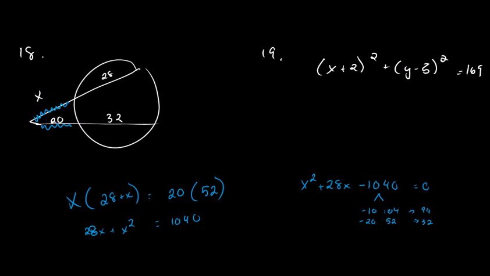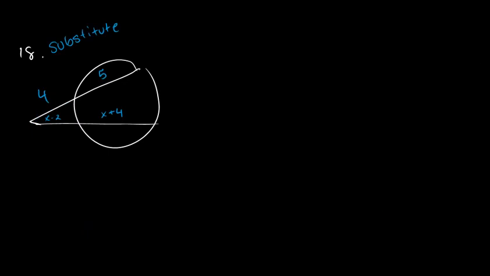So let me actually work through another example for you guys in which you would be able to factor. Alright, here is my number 18 substitute. This is actually number 8 on page 693. Alright, so we need to remember our theorems. Everything that's outside of the circle, we are multiplying by the entire secant or the entire tangent.